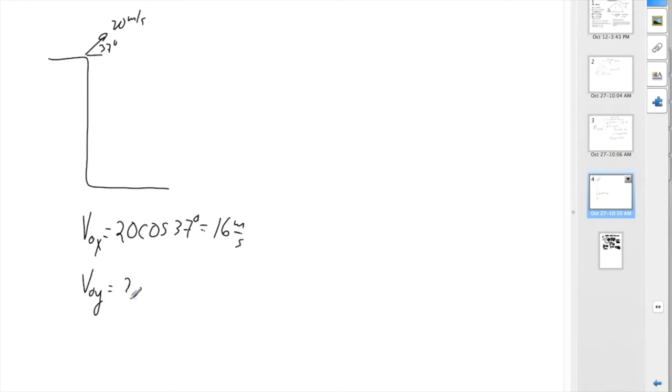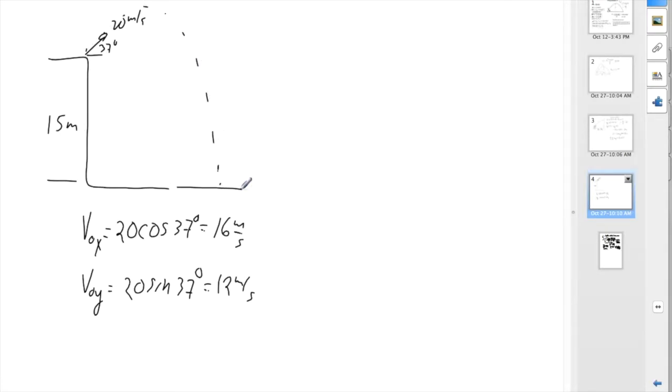V0 in the y direction is 20 sine 37, 12 meters per second. Let's assume this has a height of 15 meters. I want to know when the ball is going to hit the ground.